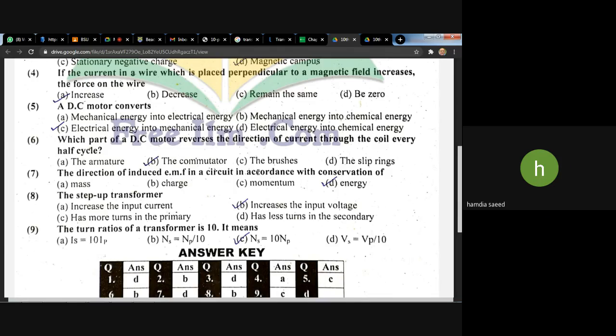Yes, sir. The turn ratio of a transformer is 10. It means 10 by 1. Remember this idea: 10 means 10 by 1, 10 ratio 1. It means that the number of turns in the primary is 10.